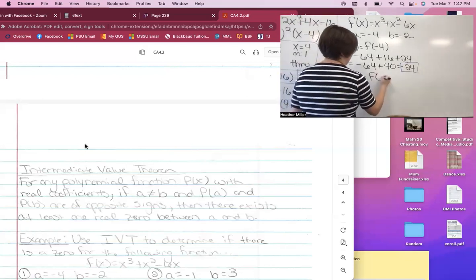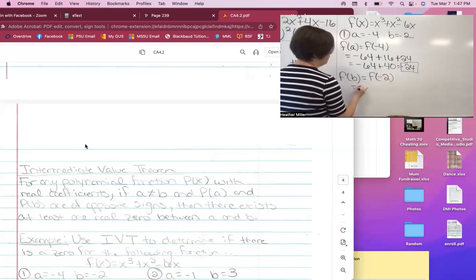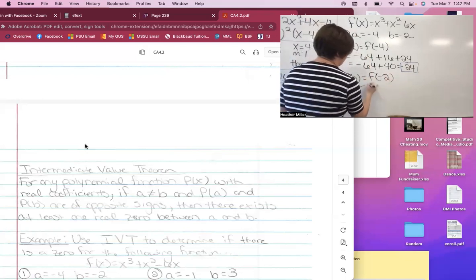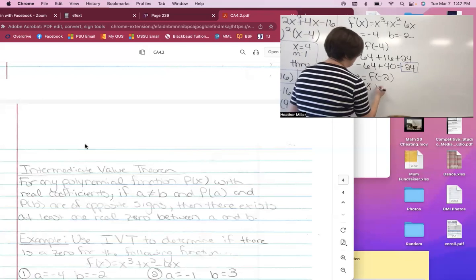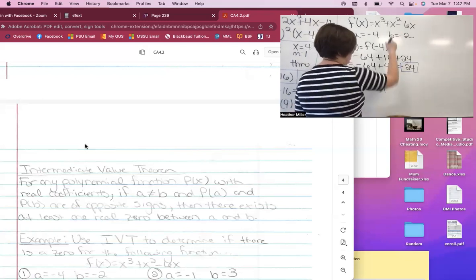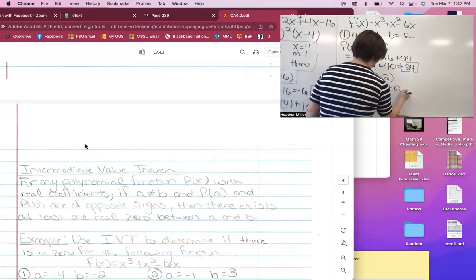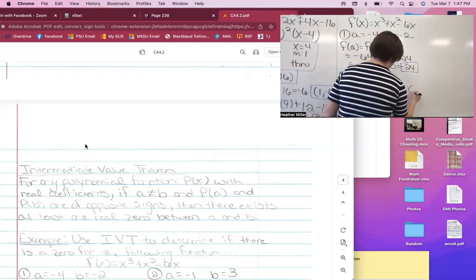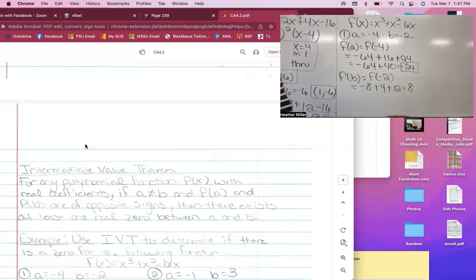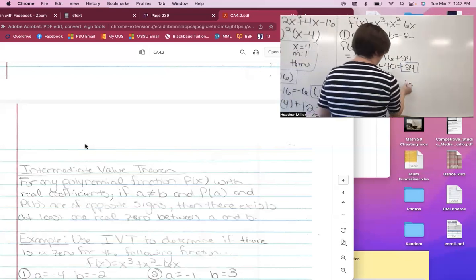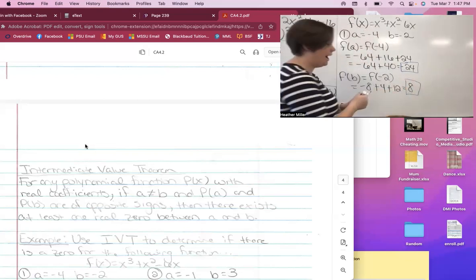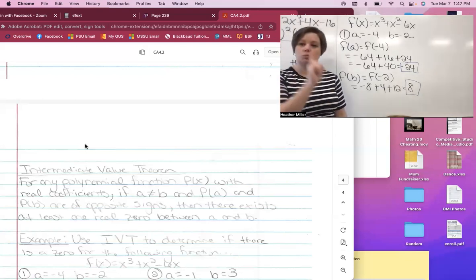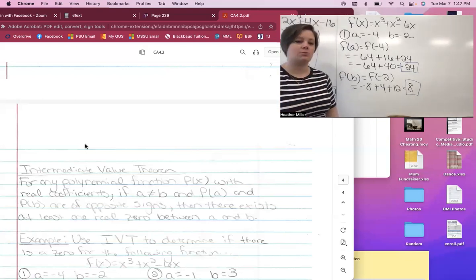So this would be finding f of -2. -2 to the third is going to be -8. -2 squared is a positive 4. -2 times -6 is a positive 12. So we have -4 plus 12, which is a positive 8. So since these have opposite signs, I can guarantee that there is at least one zero that lies between them.